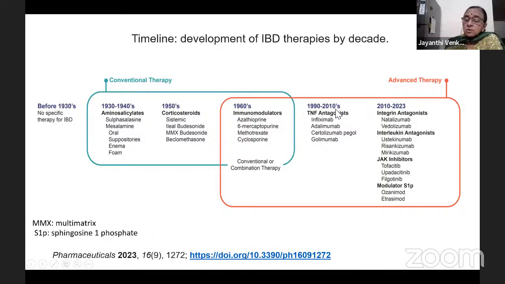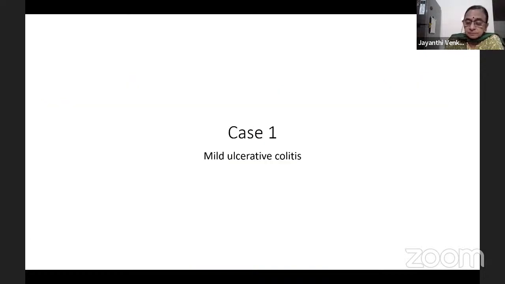From 1990 to 2010, we started getting the biologicals, which are essentially monoclonal antibodies. And what we use in our day-to-day practice is infliximab and adalimumab. And from 2010 to 2023, we have the integrin antagonists, the interleukin antagonists, the Janus kinase inhibitors, and then the sphingosine 1-phosphate modulators. So these are the newer drugs which are now available in the market, and we are trying our best to use these drugs in management of our patients.